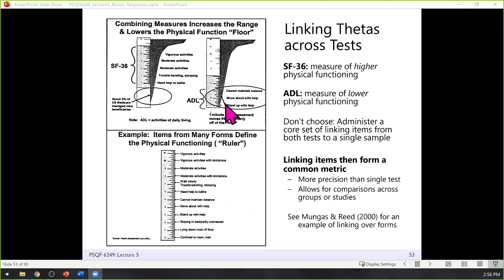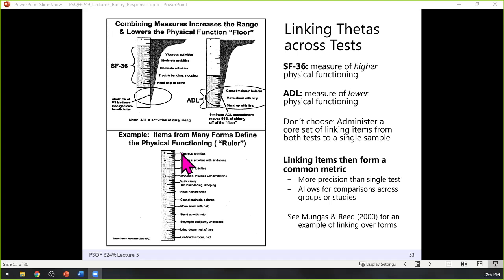So if you don't have room to give both of these in your protocol, don't just pick one and have a ceiling effect. Don't just pick the other and have a floor effect. Get some items from both and build your own ruler. That's the point that they're trying to make here. You can mix and match items from different questionnaires. You can create a new measure. There's nothing that stops you from that because we don't have to have a total score.